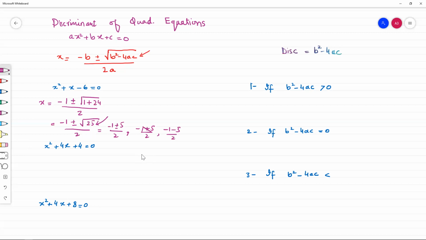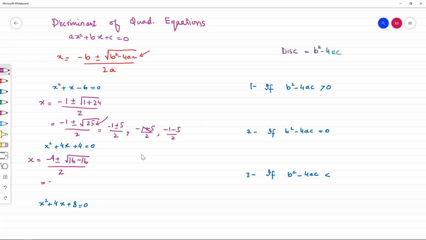Now if you use the formula for another equation, x is equal to minus... not minus 1, it is minus 4. The value of b is minus 4. B square is 16, minus 4ac, 4 into 1 and 4 into 4, 16. So 16 minus 16 would become 0. 2 into 1, 2.